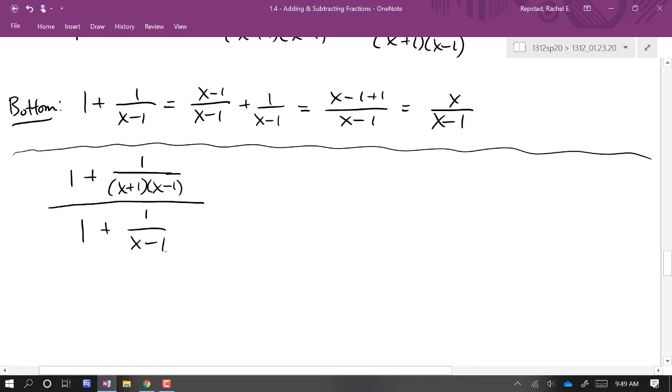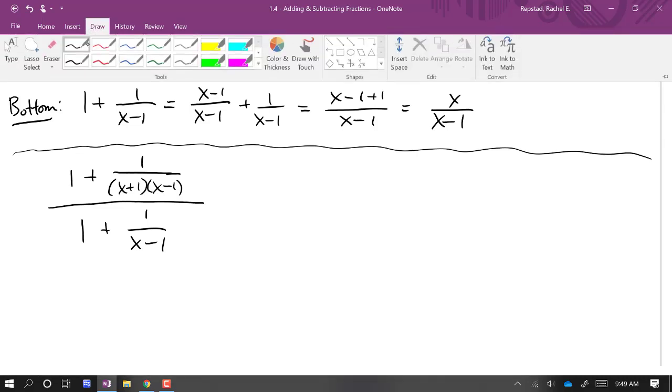And then saying, okay, I've got this big fraction. I'm allowed to multiply the top and bottom of a fraction by the same thing. So what I'm going to do is look at all the little fractions that appear. I've got two little fractions. And the LCD of those two, I just grab all the factors I need, which would be x plus 1, x minus 1. That takes care of everything. And then multiply the top and the bottom by that LCD.